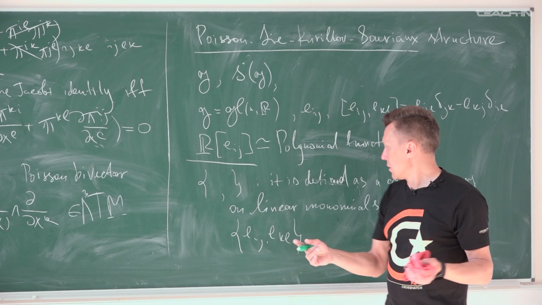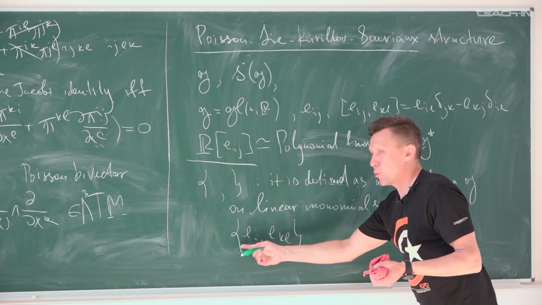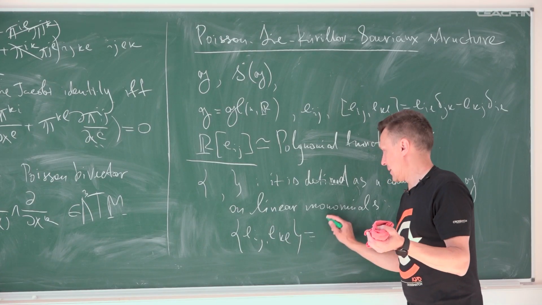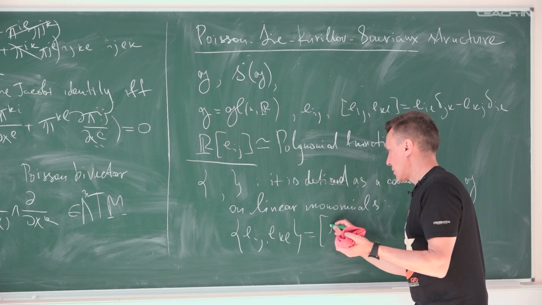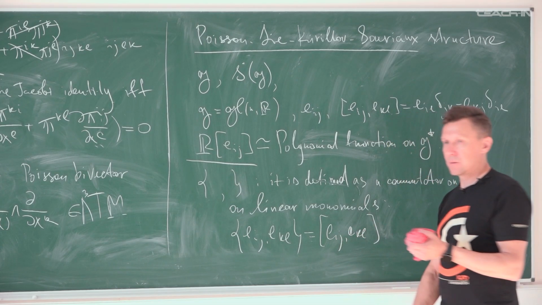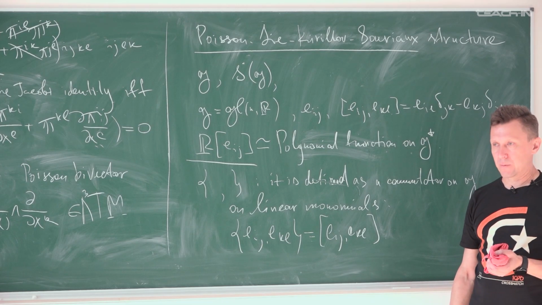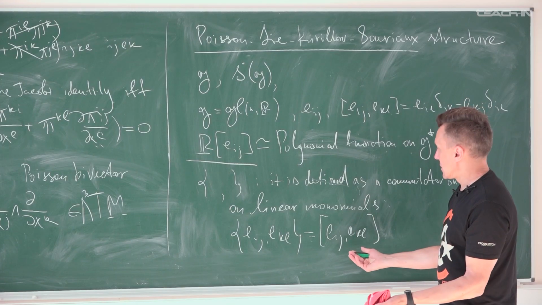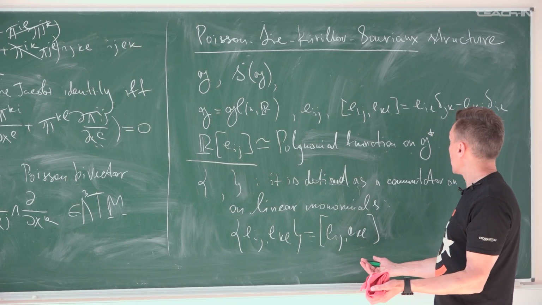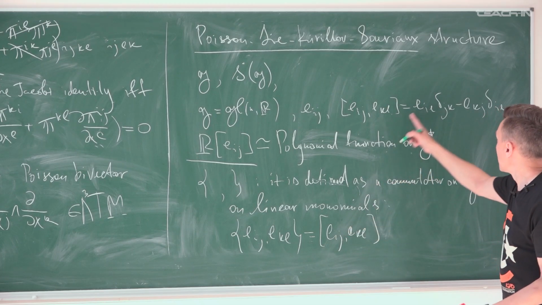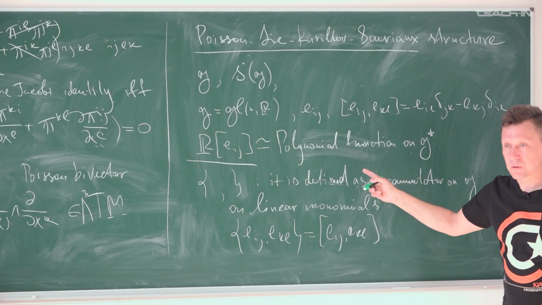And we define the Poisson structure on such functions just as the commutator in the Lie algebra. So this commutator is also a linear function, just the sum of two linear functions.